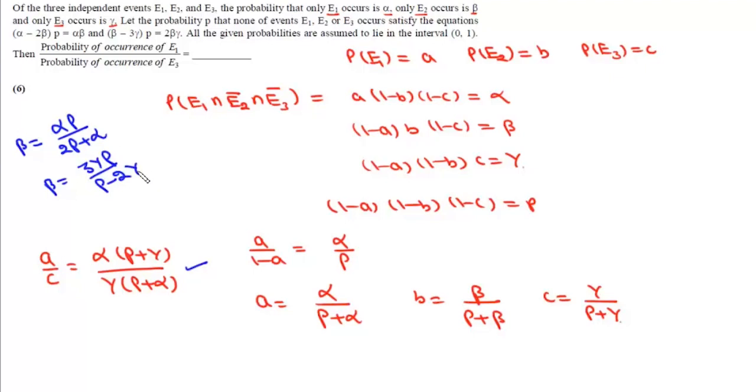Now we equate them, we can write alpha P upon 2P plus alpha will be equal to 3 gamma P upon P minus 2 gamma.